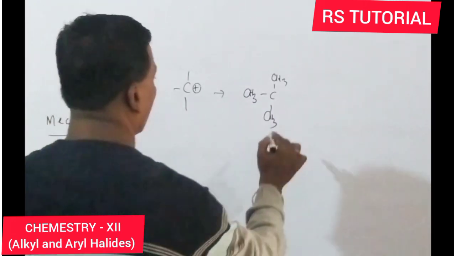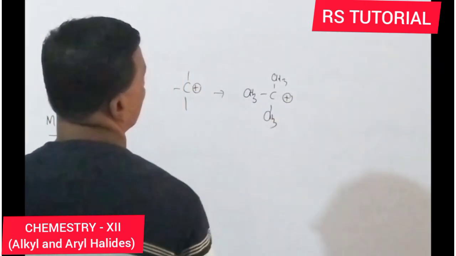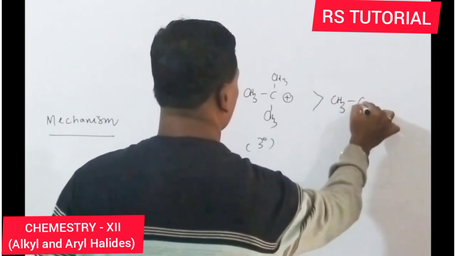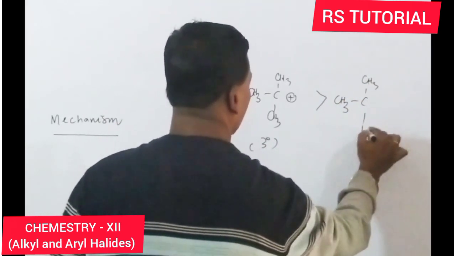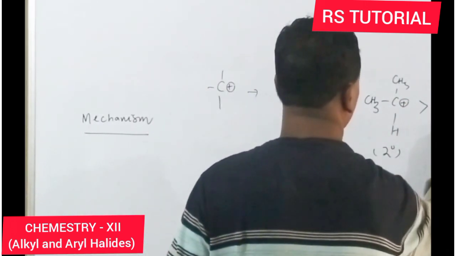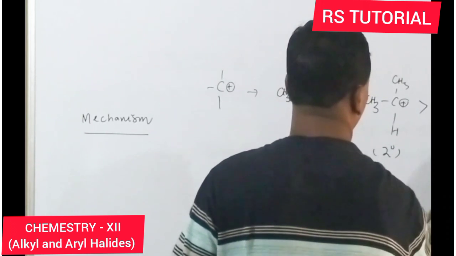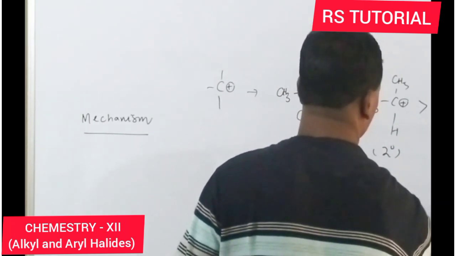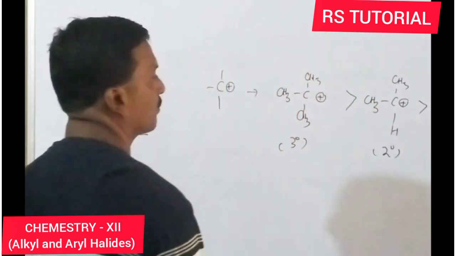Okay. All of you remember this. 3° carbocation is more stable than 2° carbocation, then primary carbocation, 1° carbocation, and the most unstable carbocation is methyl carbocation.